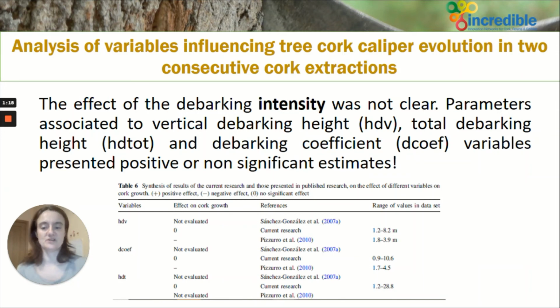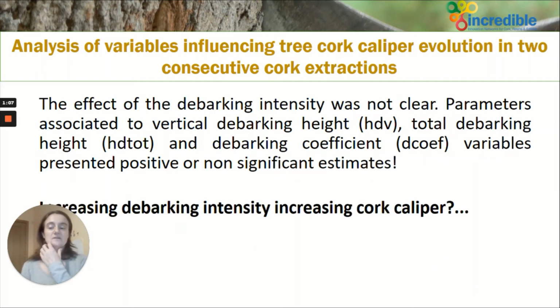This was very strange, and not in accordance with a biological interpretation of the results, because of course it does not make any sense from a biological point of view that if we increase the debarking intensity, this will result in an increase of the cork growth index. So we did not limit ourselves to looking at the variable range that we had.